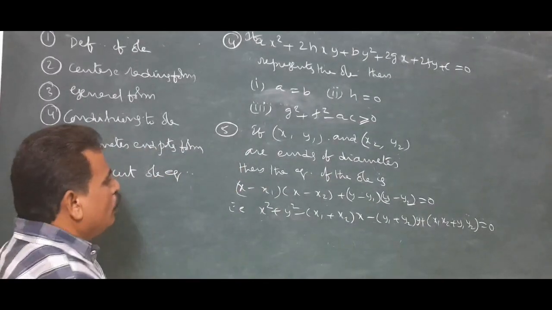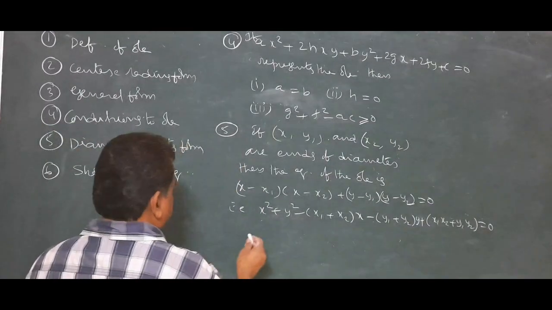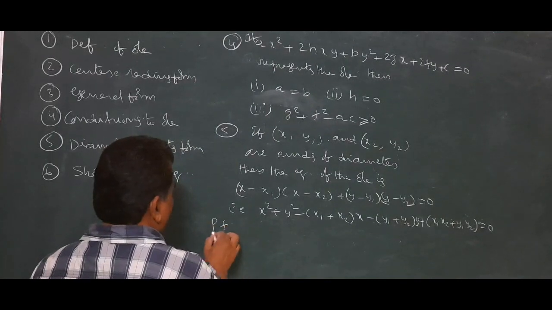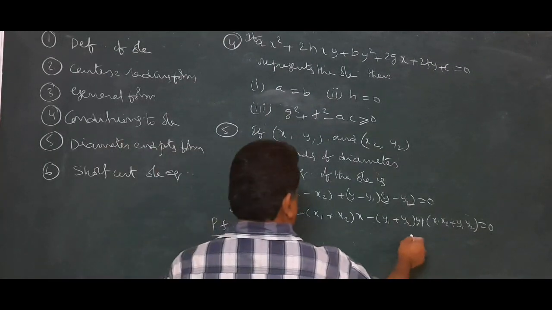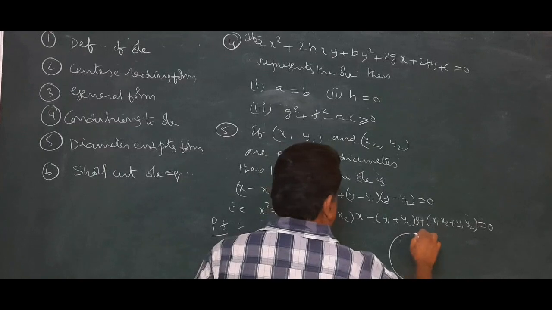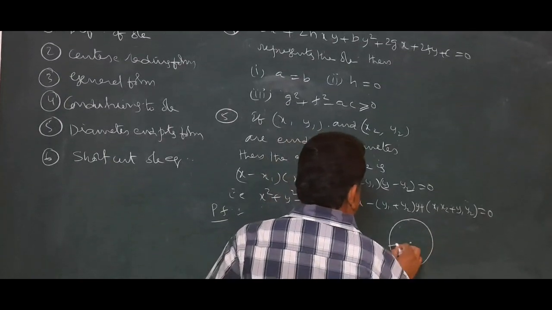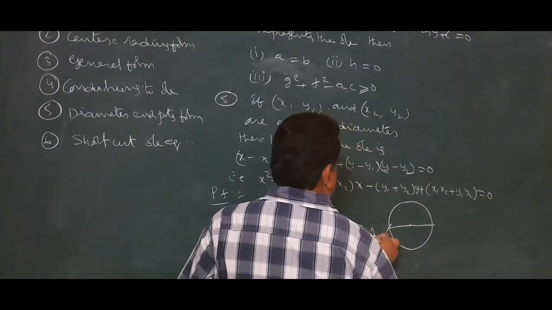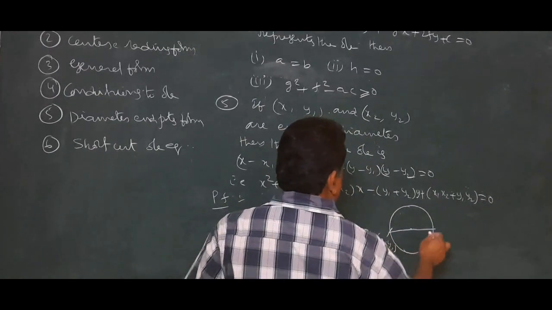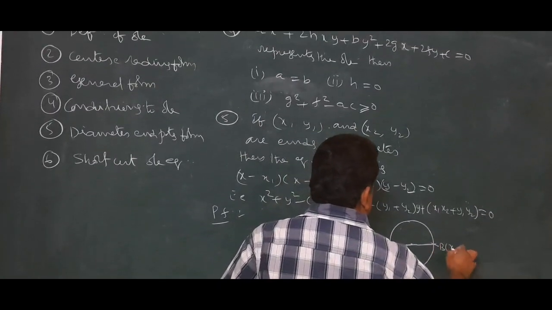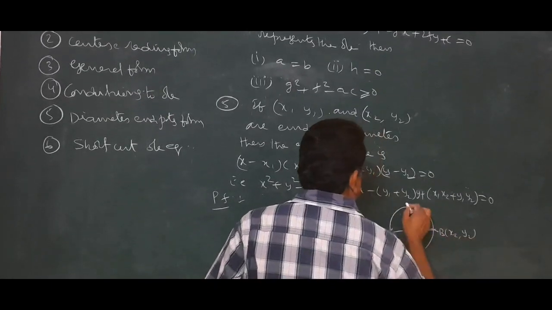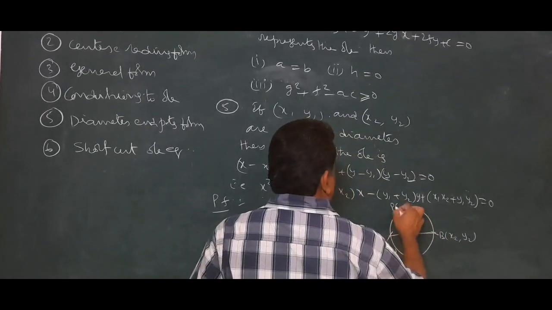Now, come here. We can easily prove this. Proof is very simple. A(x1, y1), B(x2, y2) are endpoints of the diameter of the circle. Let P(x, y) be any point on the circle.